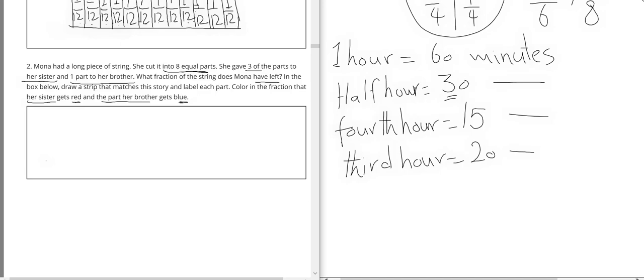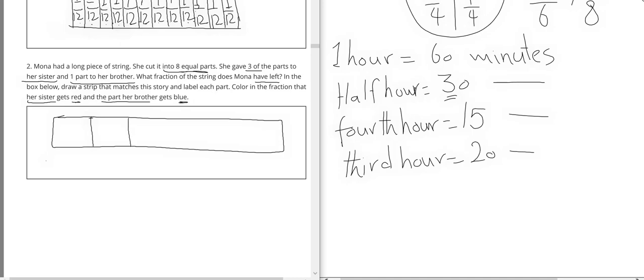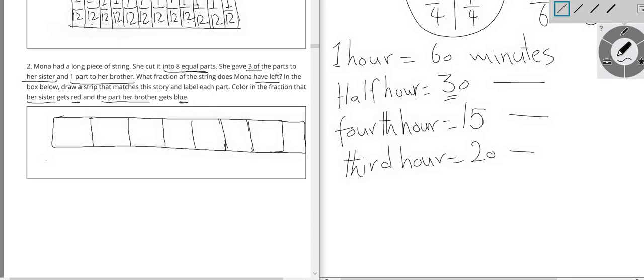Okay, at first we draw the piece of string. She divided it into 8 equal parts. 1, 2, 3, 4, 5, 6, 7, 8. So she gave 3 parts to her sister.